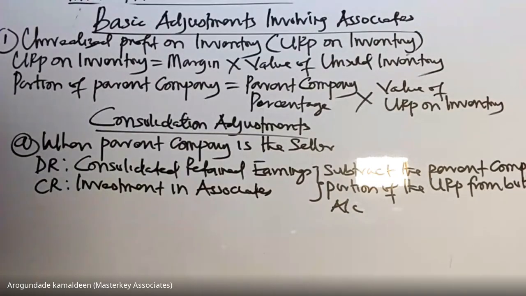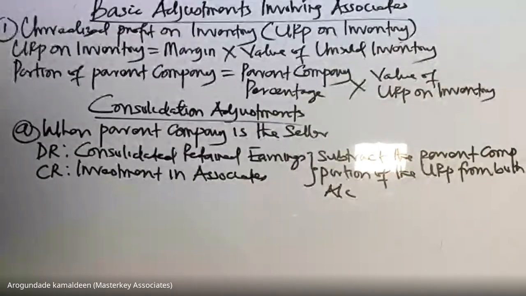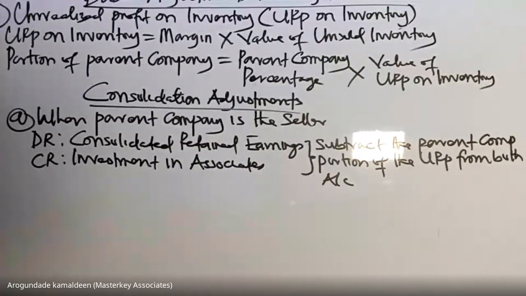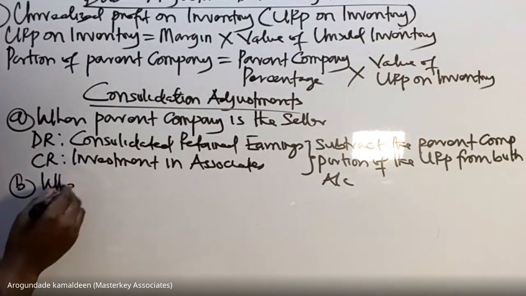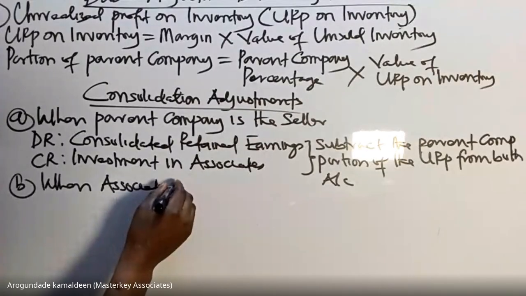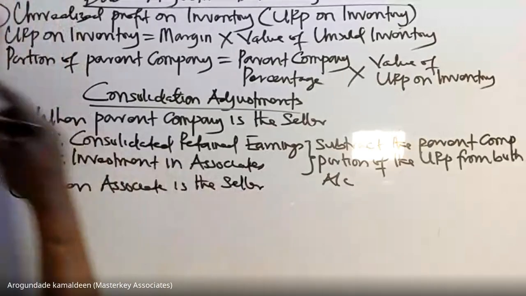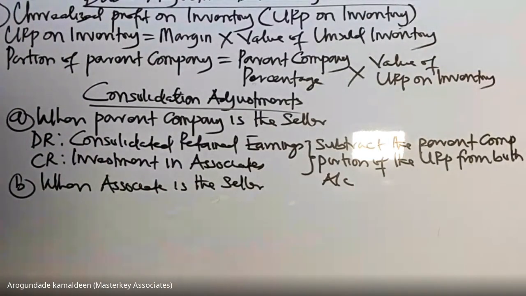Okay, class. Please, that is clear, right? Now, if the associate is the seller, in this case it is the associate that sells the goods to the parent company.